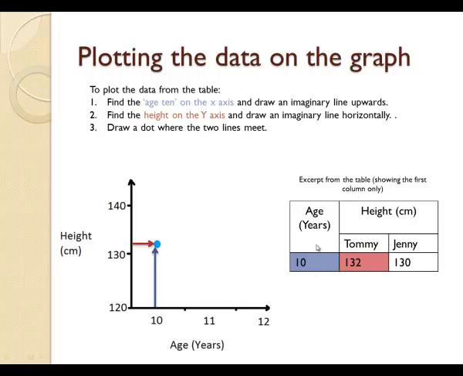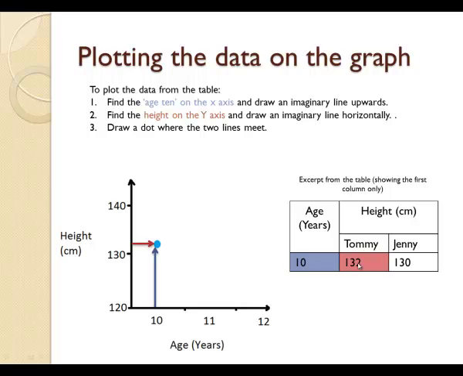So what we're going to do now is step 1. Find age 10 on the x-axis. So this is our independent variable. So we go to our x-axis and we find age 10. From there, we can draw an imaginary line up like that. Step 2, we find the height on the y-axis.